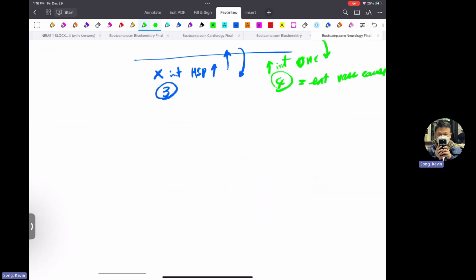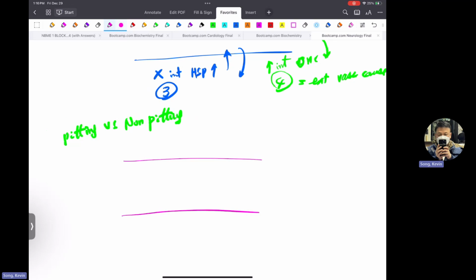All right. So now let's talk about pitting versus non-pitting. What do we mean by pitting? Let me use another color here. Pitting is like, say this is the lower leg, okay.